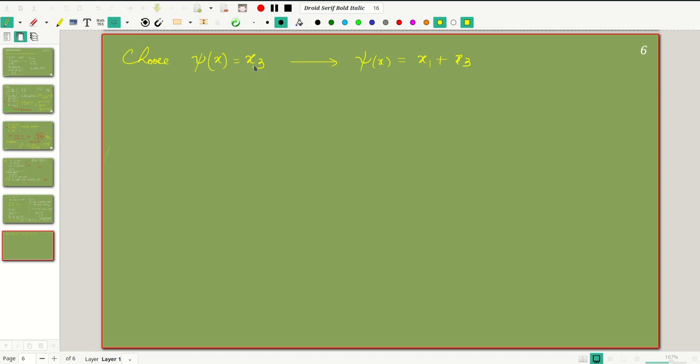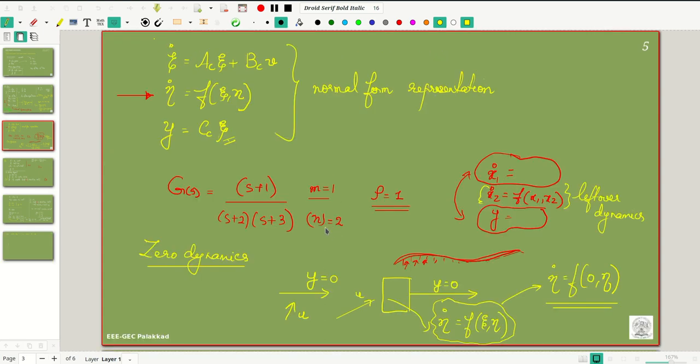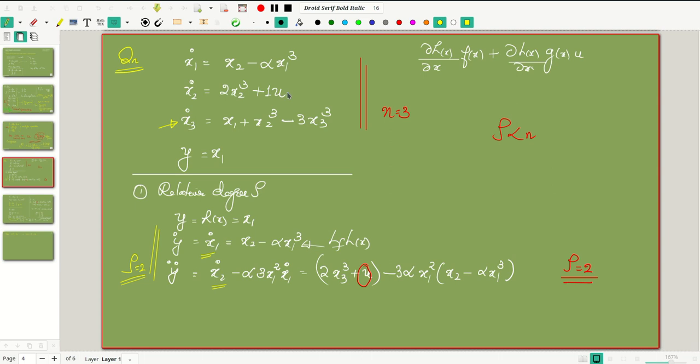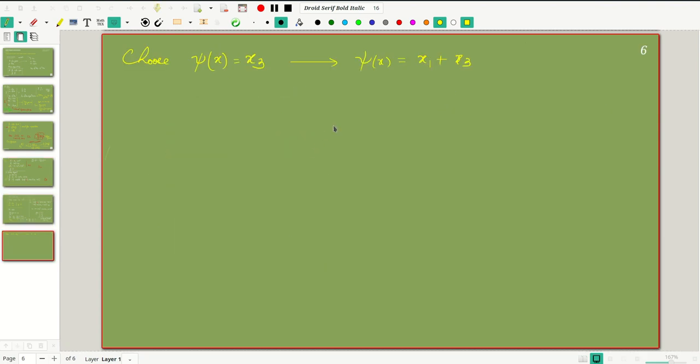When we are looking at this problem, we are thinking about the leftover dynamics. So what is the leftover dynamics here? x3 dot is the leftover dynamics. If we look here also, x3 dot is something which is the leftover dynamics of the system. The relation of the x3 dot dynamics is what is left over in the system. So that is the leftover dynamics. That is why let us choose psi of x as x3.